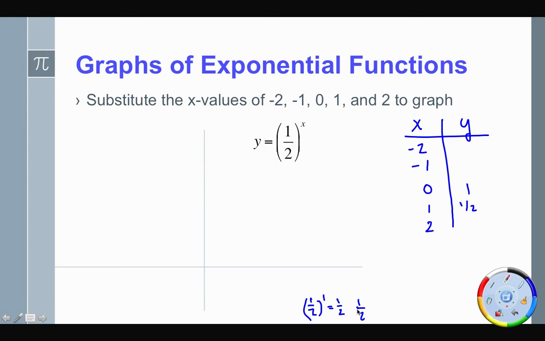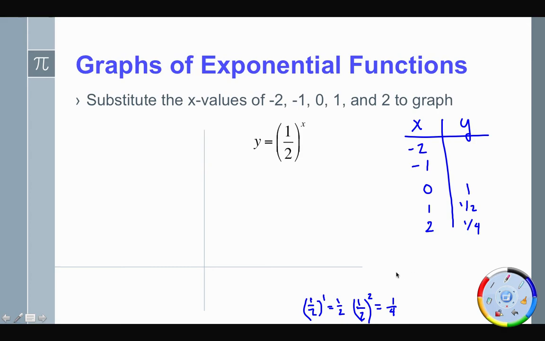When we get 1/2 to the power of 2, it squares both the top and the bottom of the fraction, the numerator and denominator. So we get 1/4. Notice if we continued this, we would get just 1/8, 1/16, 1/32, and those numbers just keep getting smaller and smaller.